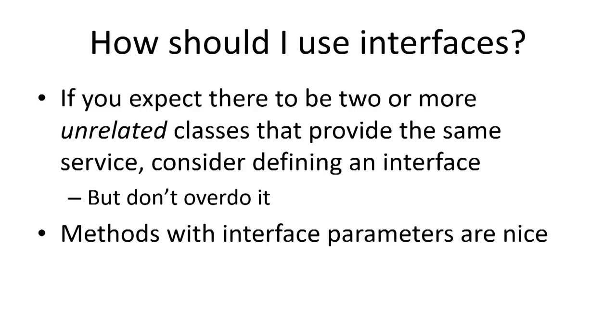It seems unnecessary. I like to have methods that take interface parameters if possible, rather than concrete types or abstract types. In fact, that's kind of the order in which I would like it to happen. If you have a method that requires some object to provide a service for it, then it would be nice if that was the most general thing possible, so that you can pass in as many different kinds of objects as possible.